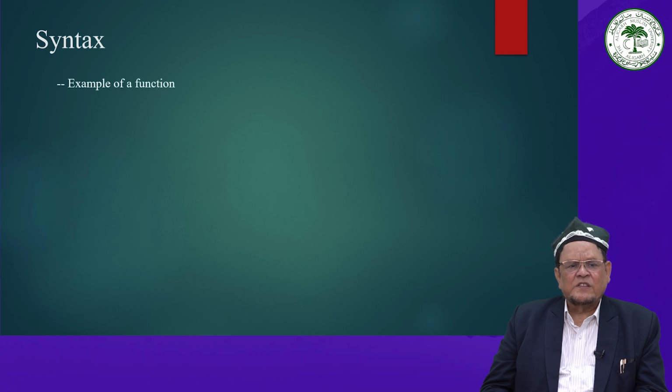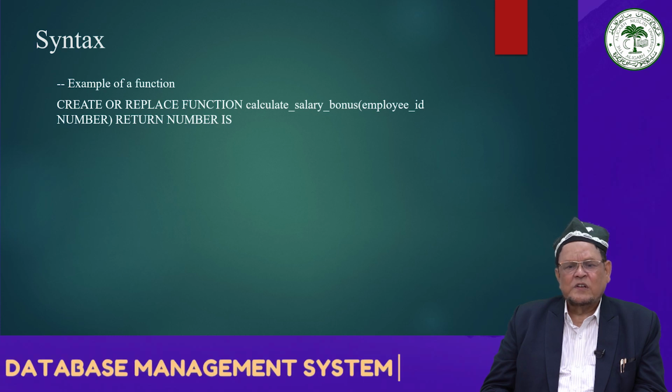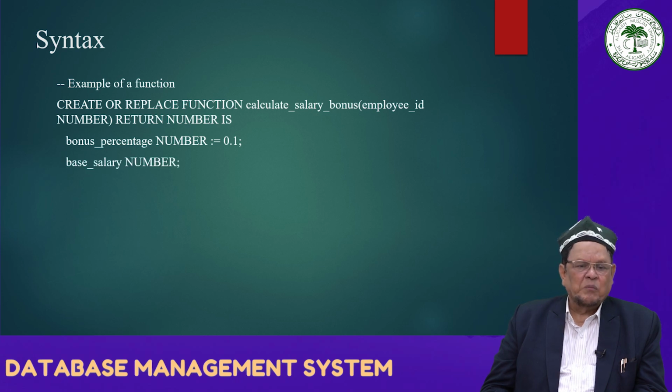The syntax is, for example, of a function. You can give a comment like that. Create or replace function calculate salary bonus, employee ID number, return number, bonus percentage number is equal to 0.1 and base salary number, begin.